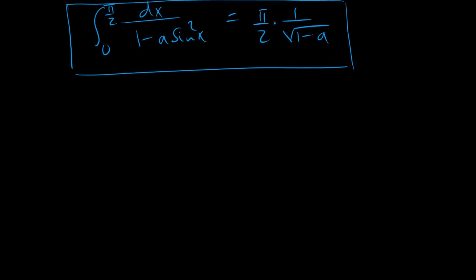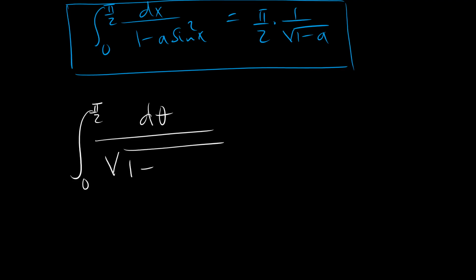And our problem is the integral from theta equals 0 to theta equals pi over 2 of 1 over the square root of 1 minus k squared sine squared theta. So this is our problem.